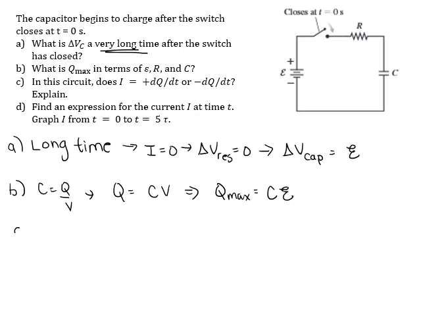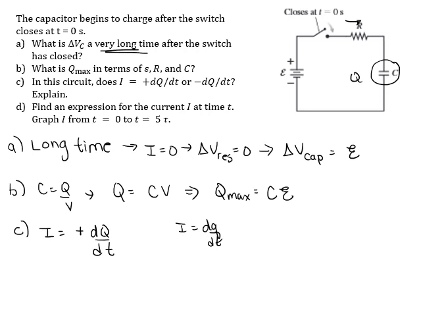So part C, we did discuss in the last little bit. In this circuit, is I equal to positive dq by dt or negative dq by dt? Well, we already discussed that I is equal to plus dq by dt. That's because we know that in general, I is dq by dt, a little bit of charge that's moving through our circuit. If we think about that in terms of what's happening to the capacitor, we're increasing the amount of charge.